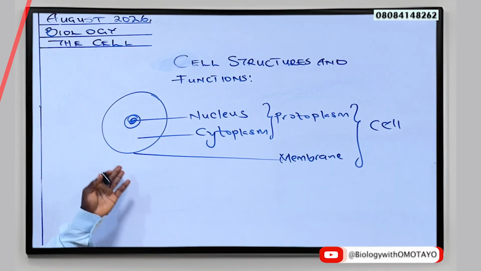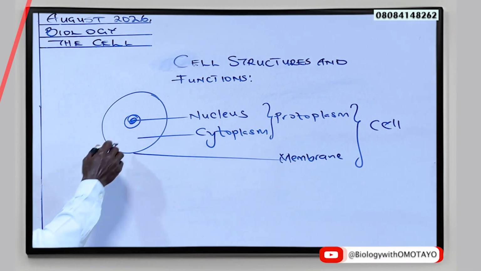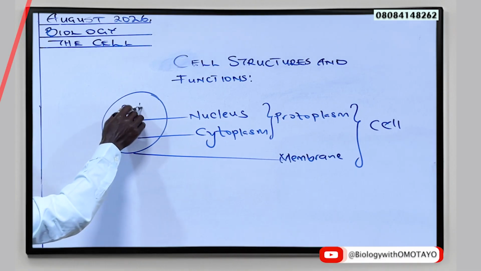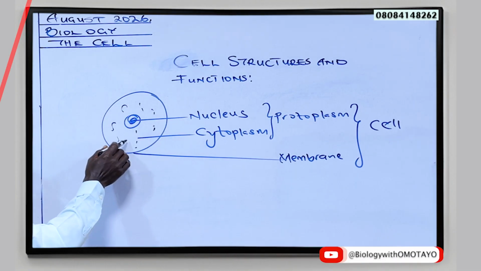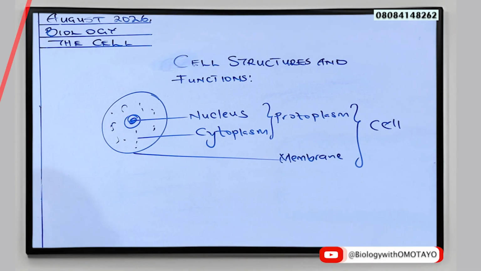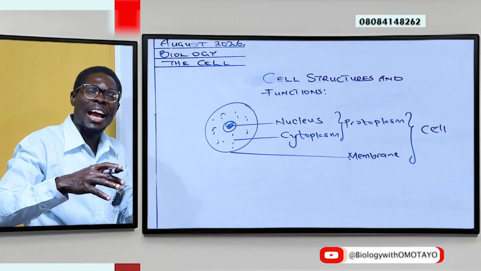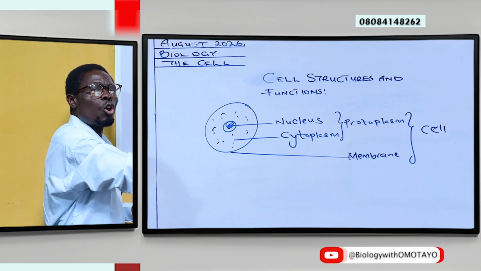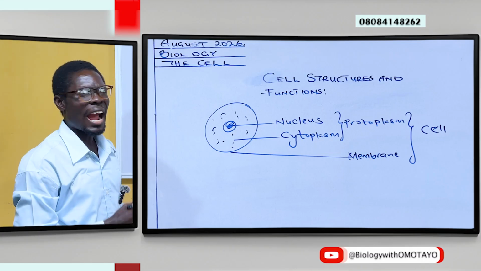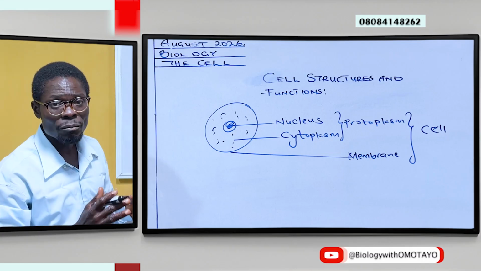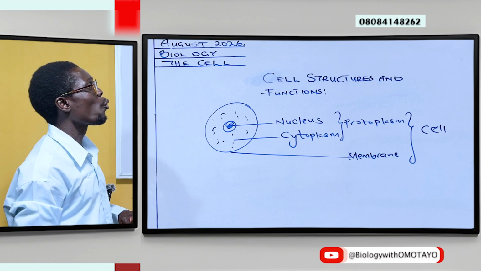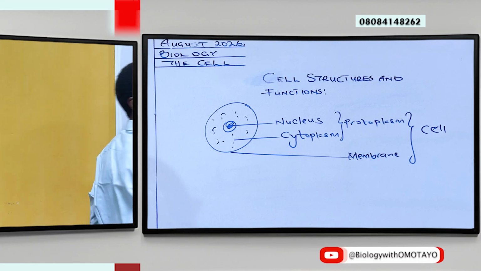As you can see it illustrated, the nucleus and the cytoplasm form the living component of a cell. It is in the cytoplasm that we have organelles suspended all within the cell. Now, the nucleus and the cytoplasm with suspended organelles are enclosed in a membrane. And then, collectively, everything forms what we call a cell.